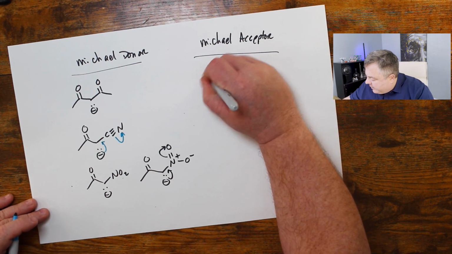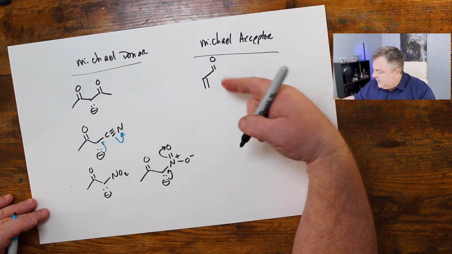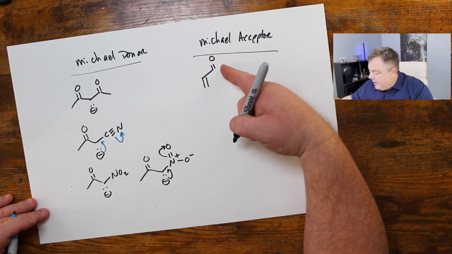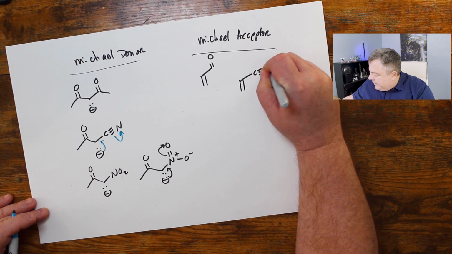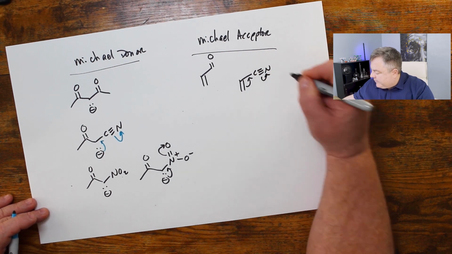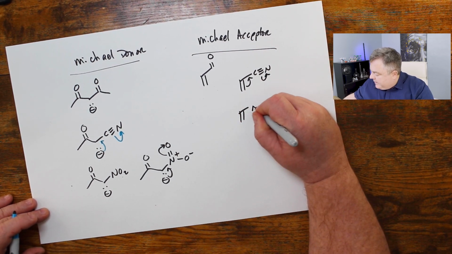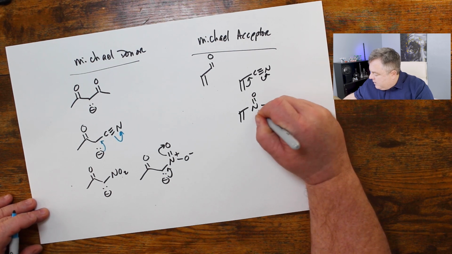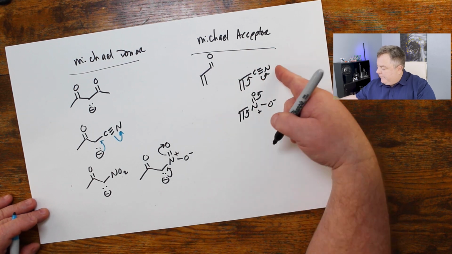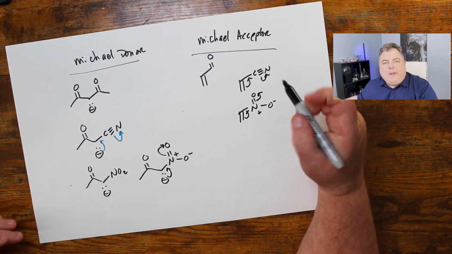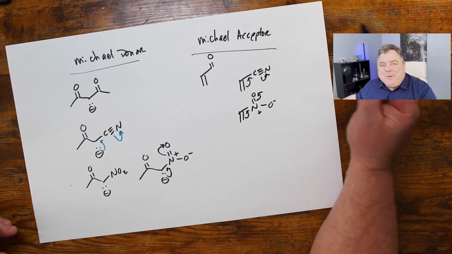Michael acceptors are conjugated carbonyl compounds, so any conjugated carbonyl. But again, it doesn't have to be a carbonyl. It could be a cyano group because they can accept the electrons. It could be a nitro group because it can accept the electrons. So carbonyl, cyano, and nitro groups all work for Michael donors and Michael acceptors.